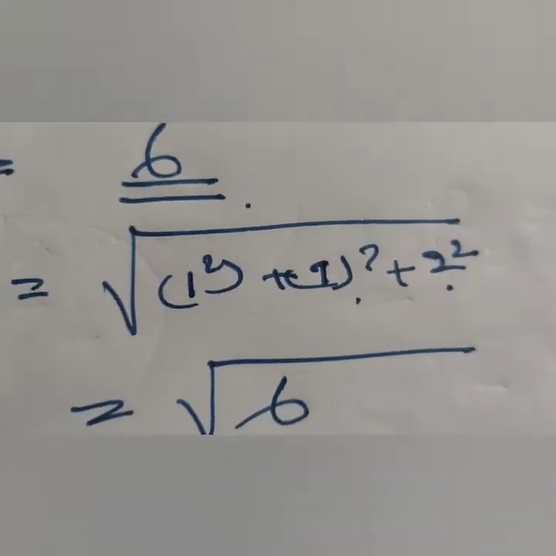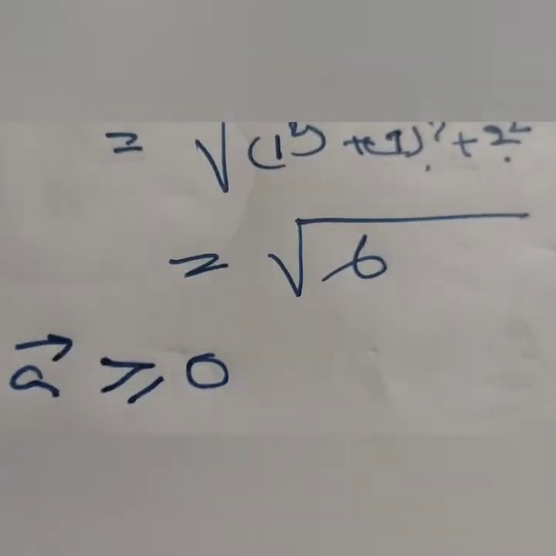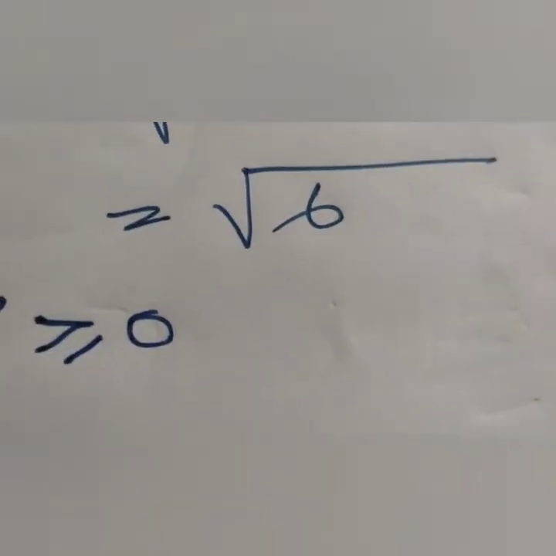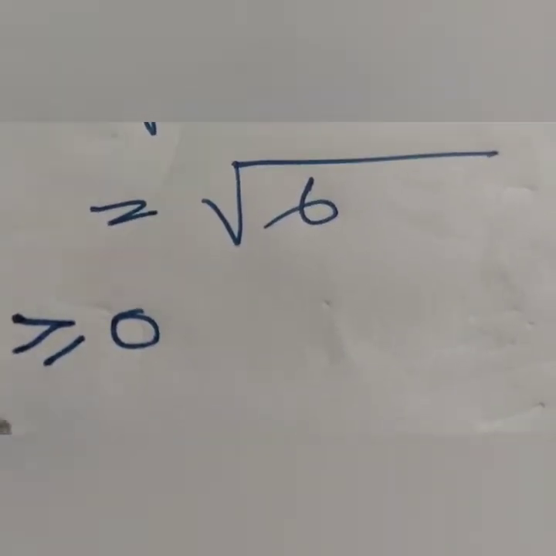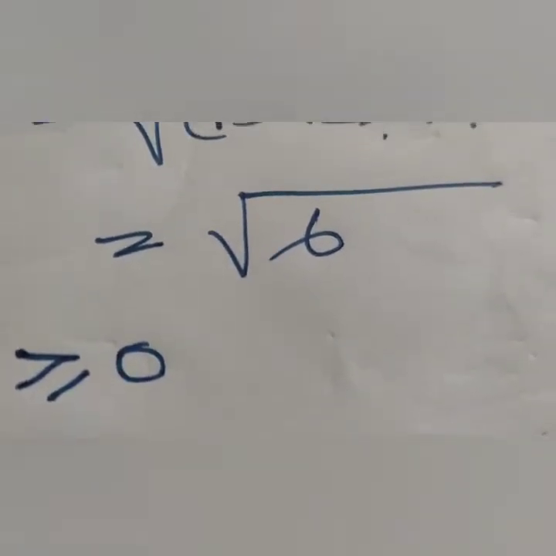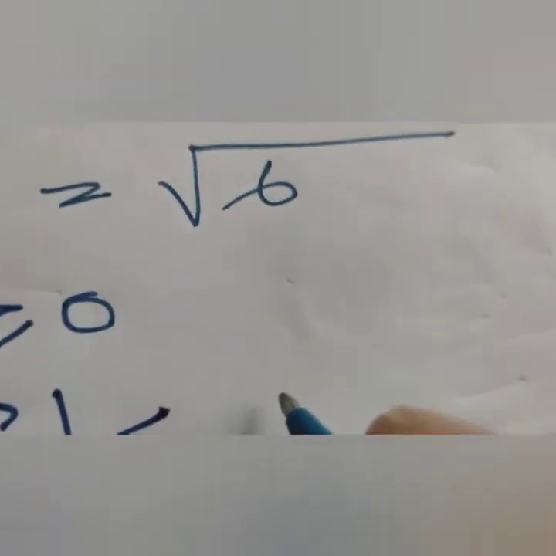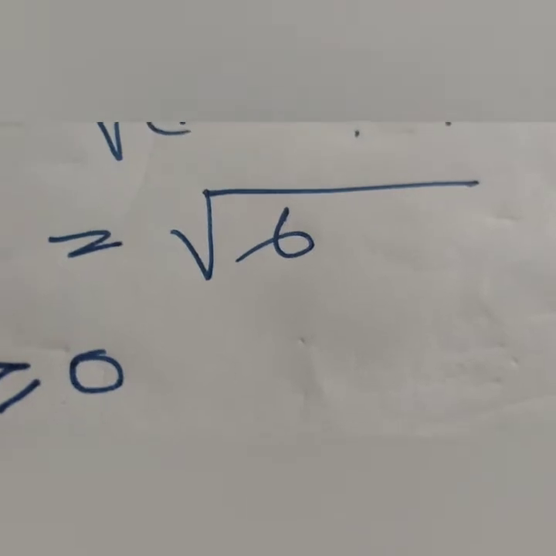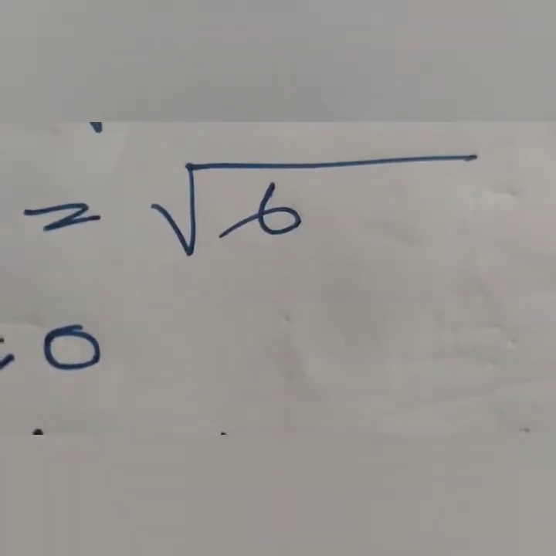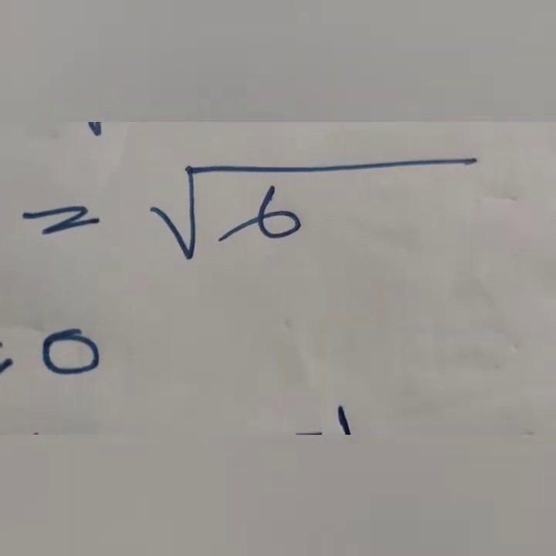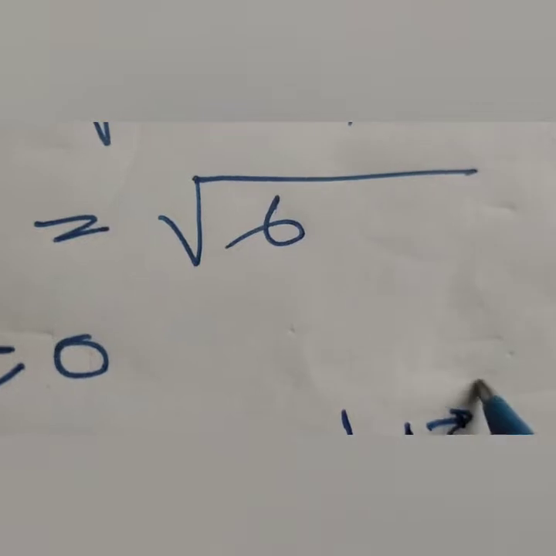Now the conditions for the dot product. One condition is A dot A is greater than or equal to 0. The second condition is that A dot B is less than or equal to modulus of A into modulus of B. Understand?